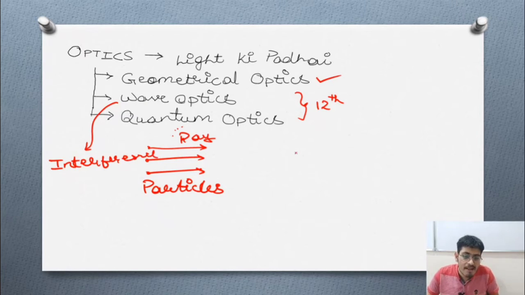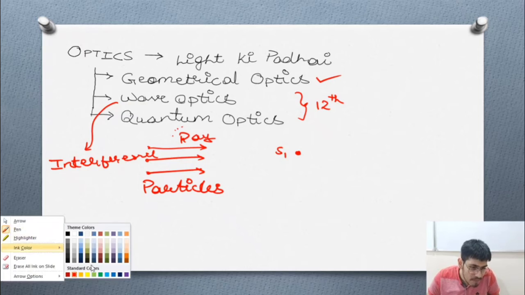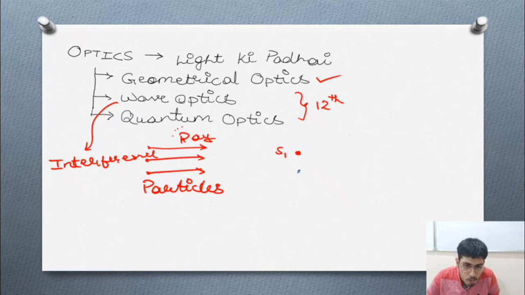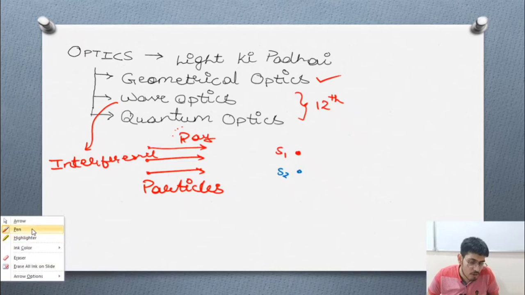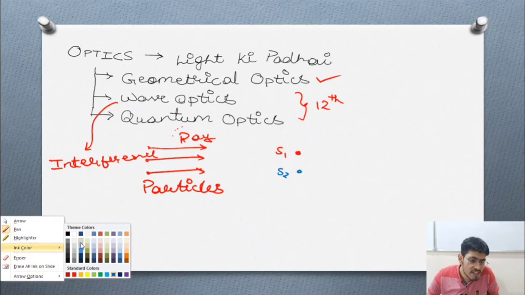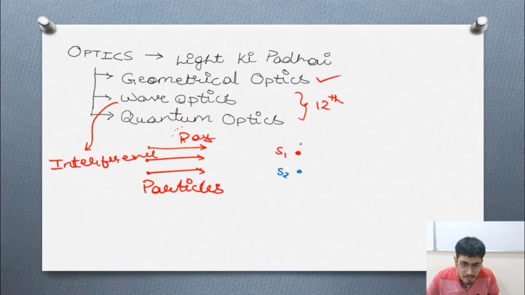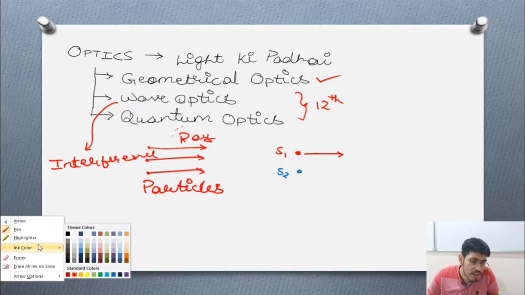The basic thing is this: suppose there are two sources. Suppose this is red light, which is shown as source number 1, and suppose there is another source of light which I am showing as blue light, source S2. Now this light is traveling. Suppose we consider that this light travels in a straight line, and the other light also travels in a straight line.